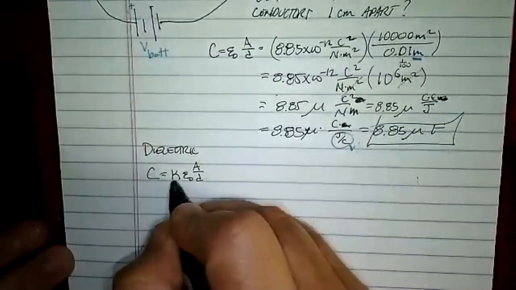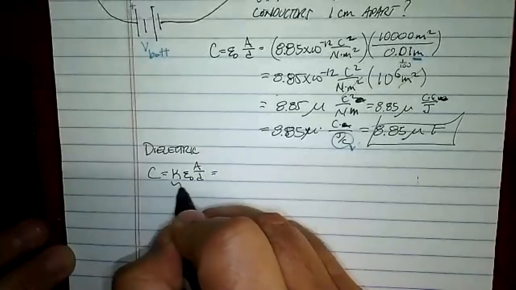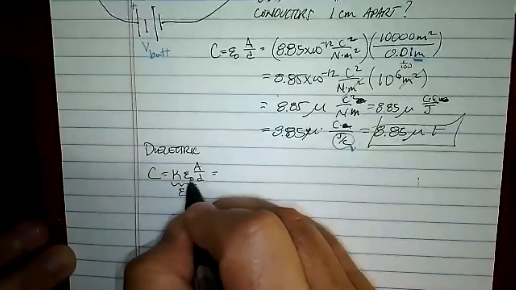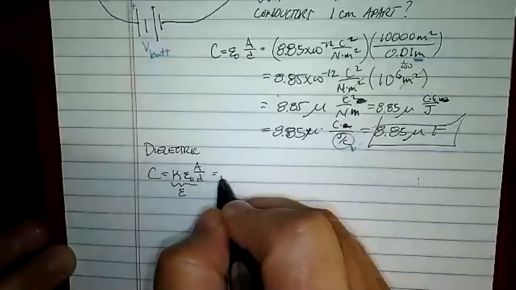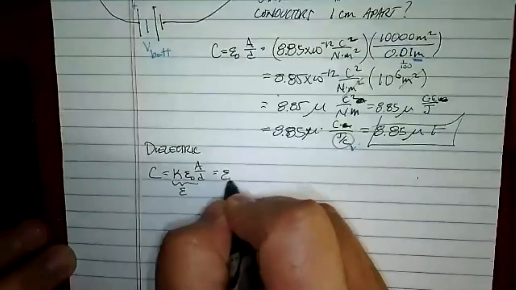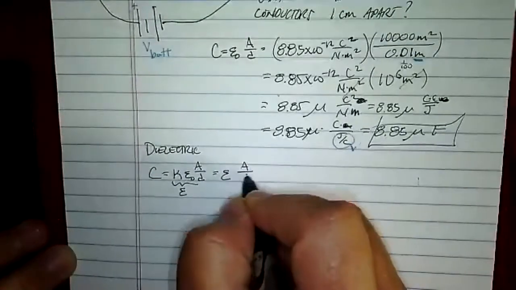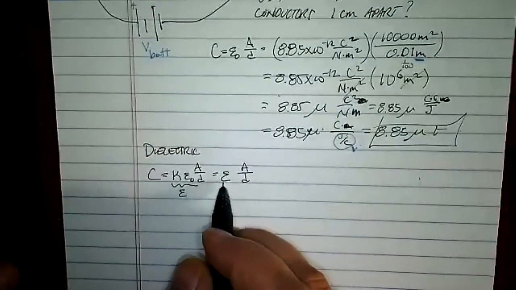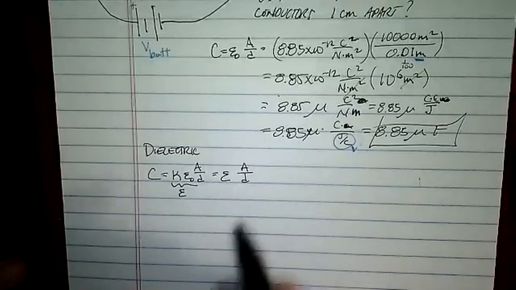And then sometimes, instead of using that, they'll group these two together and just call that plain epsilon with no subscript 0 on it, because the 0 means for vacuum, or at least for air, which is really close to a vacuum. So we can also say it's epsilon A over D. So this is what I was talking about earlier about if you change the space you're in, we change to epsilon instead of epsilon 0.